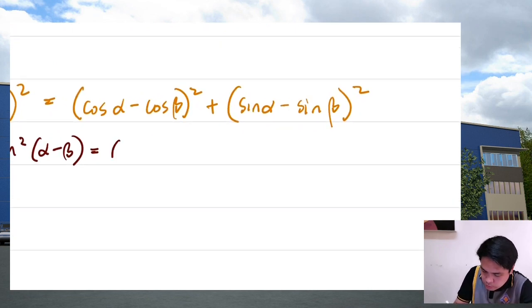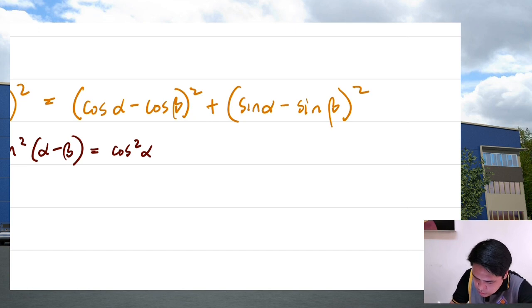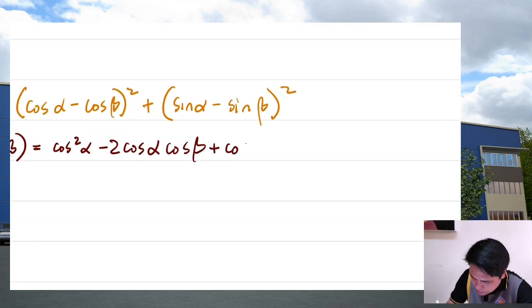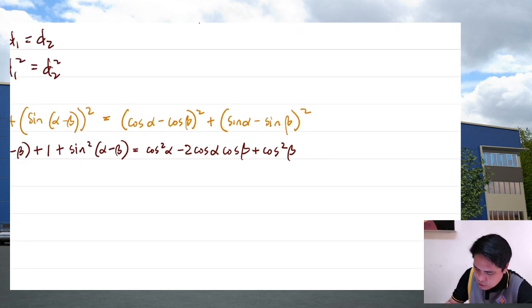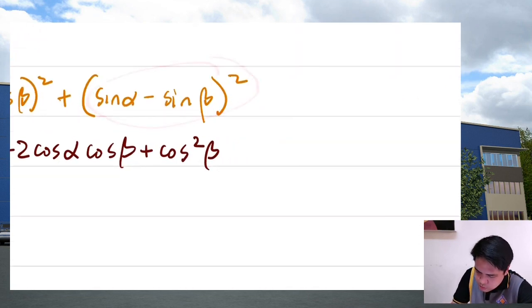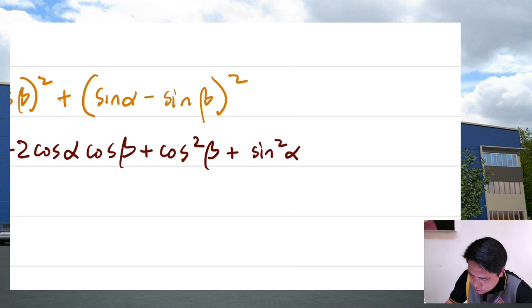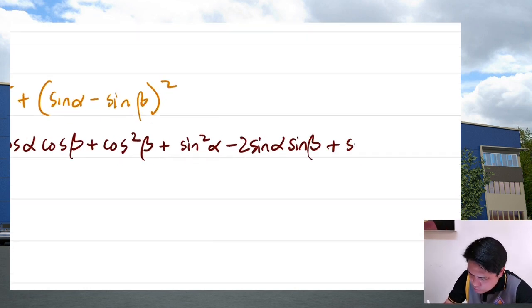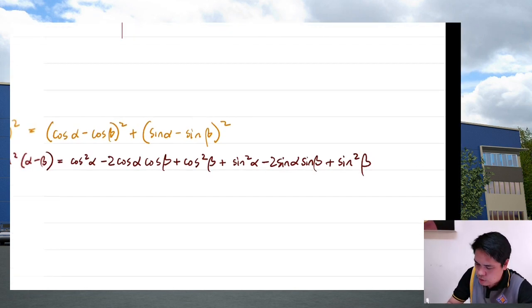We'll have cosine squared alpha minus 2 cosine alpha cosine beta plus cosine squared beta. Okay, then let's expand this, plus sine squared alpha minus 2 sine alpha sine beta plus sine squared beta.